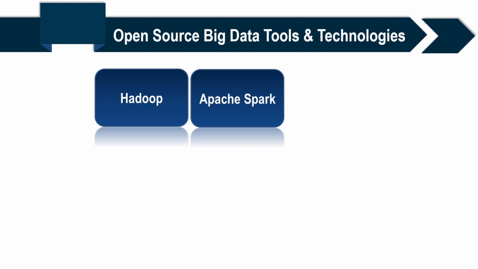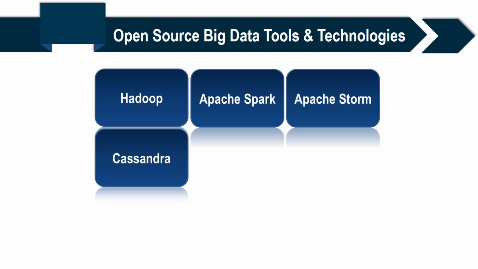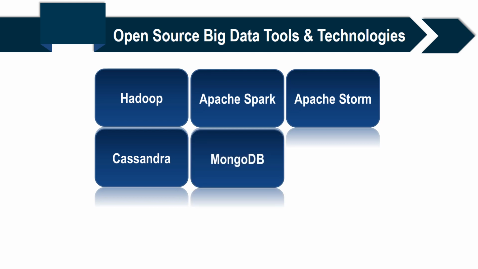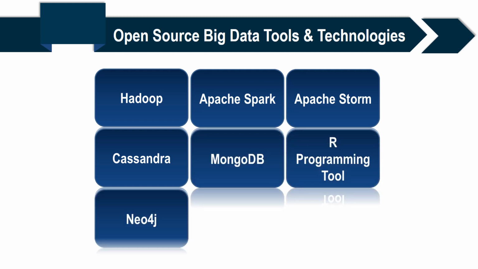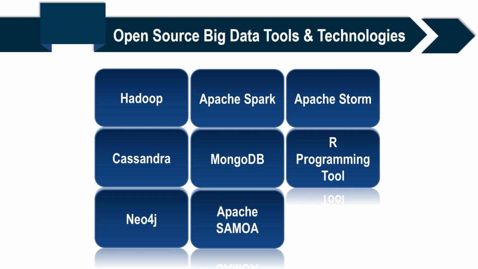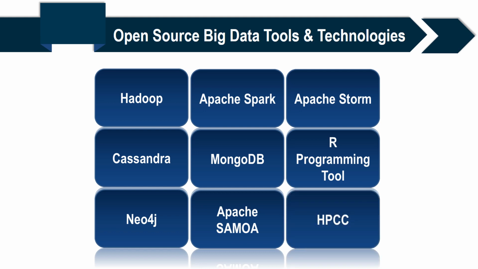Then the rest of the tools like Apache Storm, Cassandra, MongoDB, R programming tools, Neo4j, Apache Samoa, HPCC, we'll briefly touch upon. Let's look at each one of these and just try to understand at a very high level.